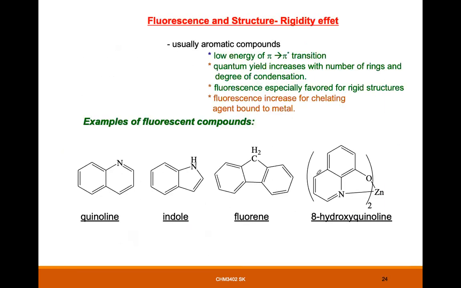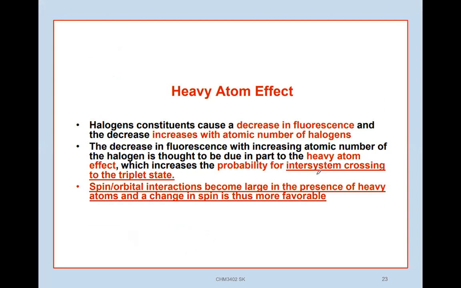Okay, one is what we call the heavy atom effect. So if you have halogens like chlorine, iodine, fluorine in the solution, and you test the fluorescent properties, they can cause a decrease in the fluorescence of the compound that we are studying, due to the possibility of absorption of the energy.